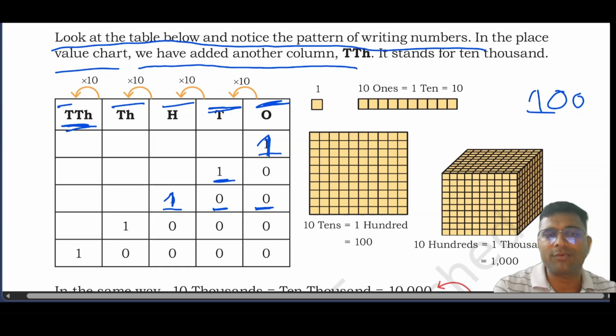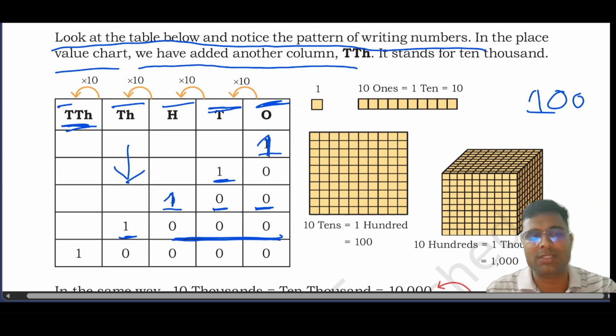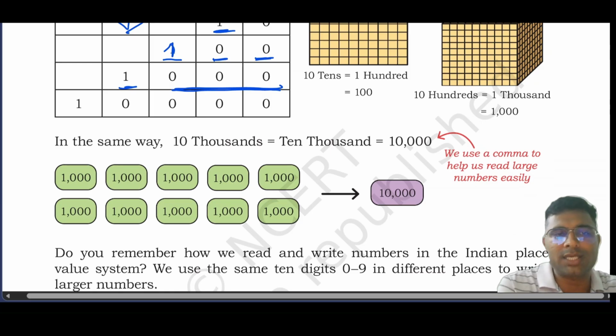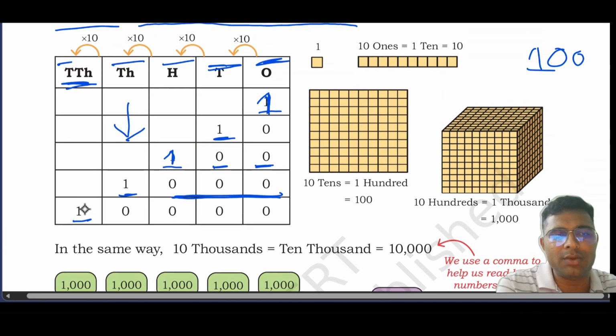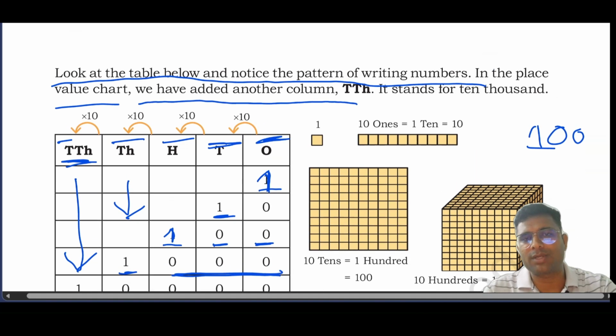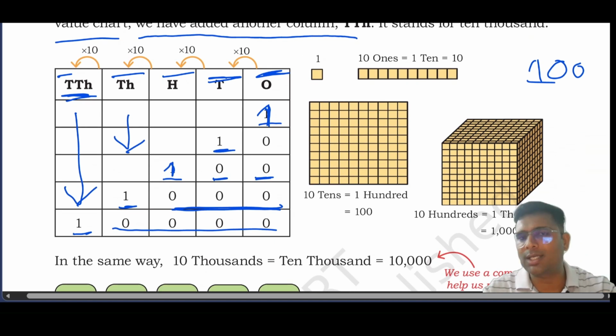In the same way for 1000, you will write 1 in the column of thousands, and in the other columns you will put 0, 0, 0. And after 1000, the 5-digit number, that is 10,000, you will write 1 in the column of 10,000, and in the other columns, bachcho, you will write 0, 0, 0, 0. So this is one way to write 10,000.